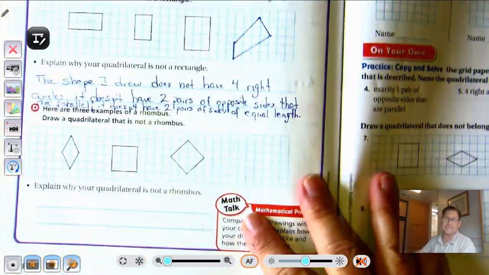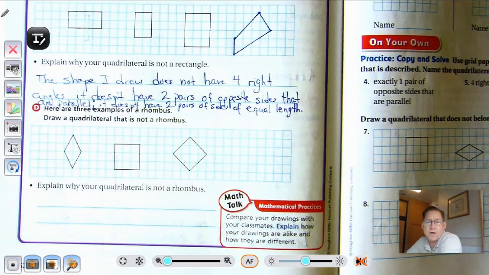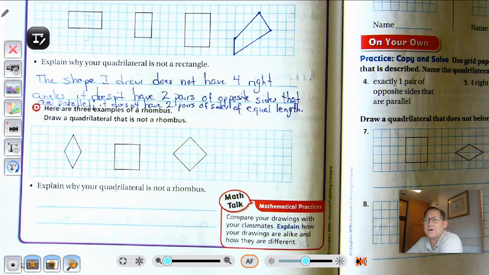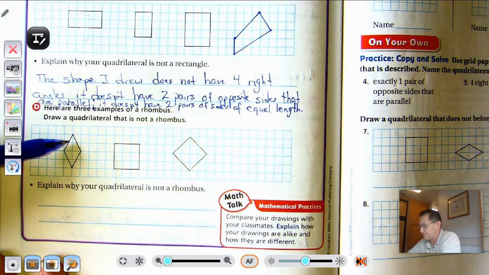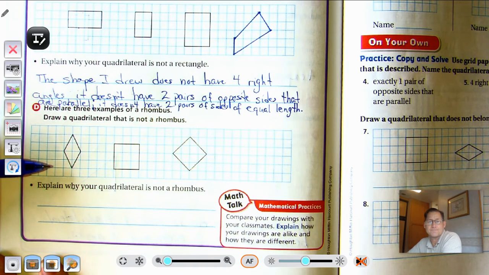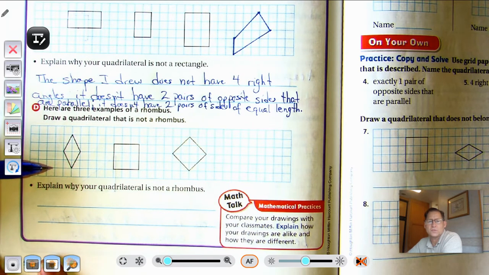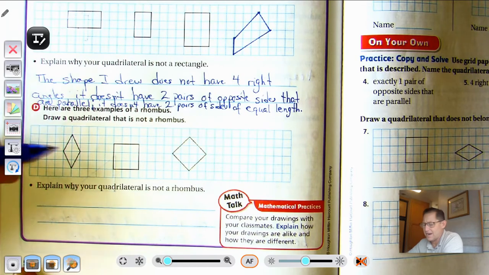All right, D. Here are three examples of a rhombus. Draw a quadrilateral that is not a rhombus. So what is a rhombus? A rhombus has two pairs of opposite sides that are parallel. It has four sides of equal length. So we need a four-sided figure that is not a rhombus.